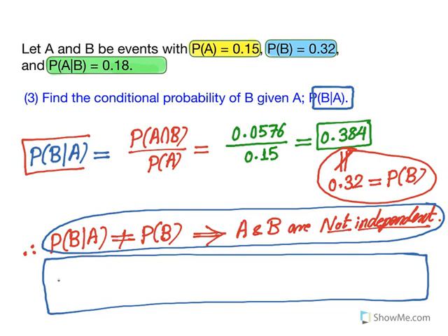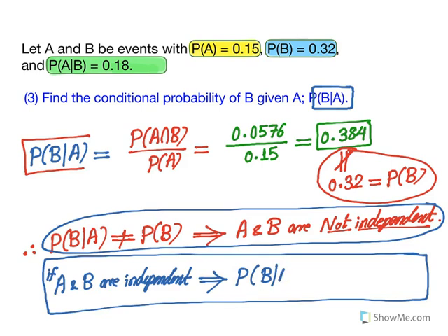But if A and B are independent, then the probability of B given A must be the same as the probability of B. And you also remember the rule. And also, if they are independent, if you want to know everything, the probability of A given B must be the same as the probability of A.